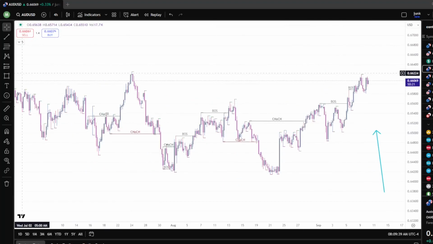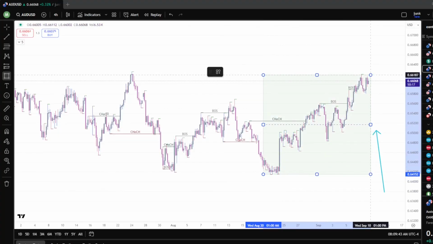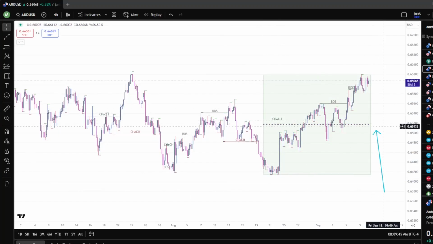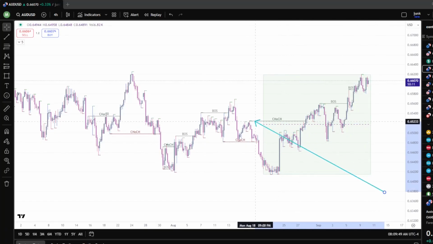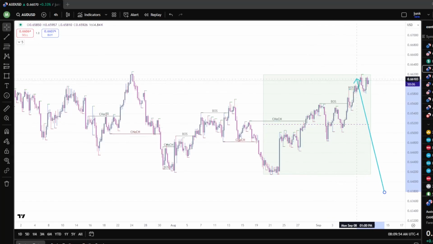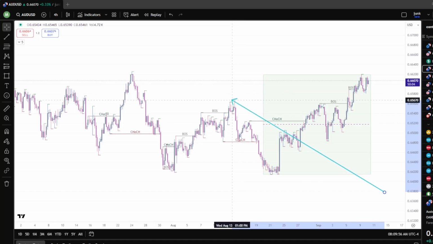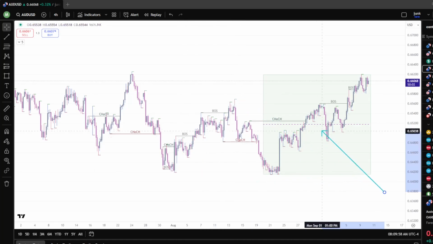AUD USD, let's go map out the current range. As you know, yesterday we made this the new bullish range, as internally price would consolidate, break structure to the upside, form higher lows and higher highs, and break past this previous high and these lows.